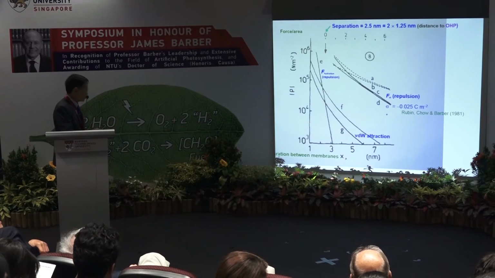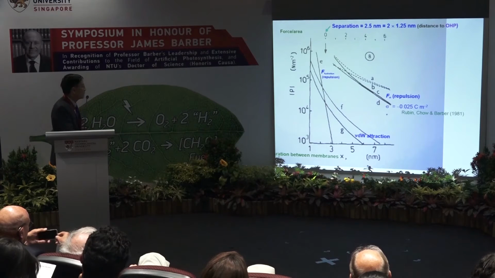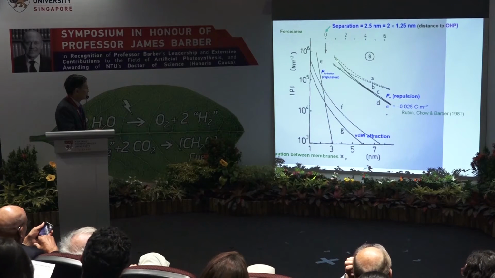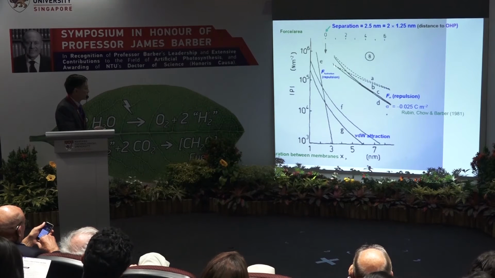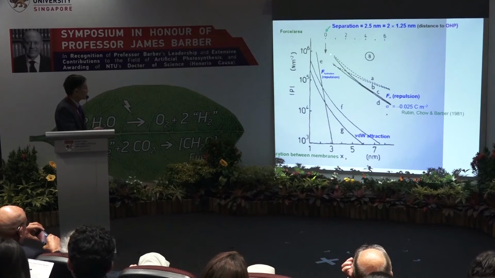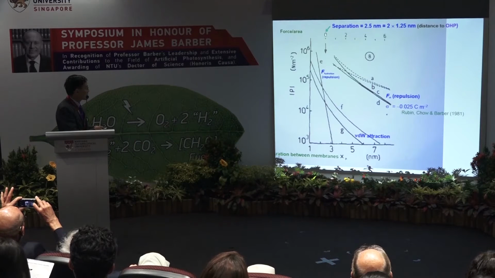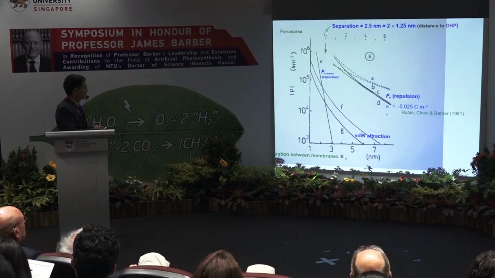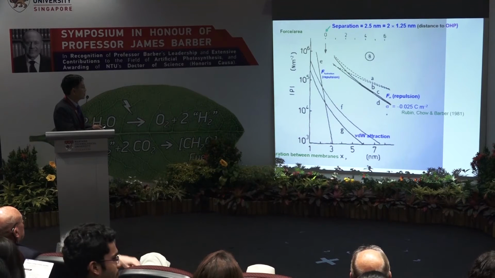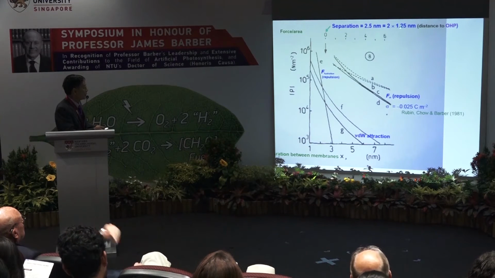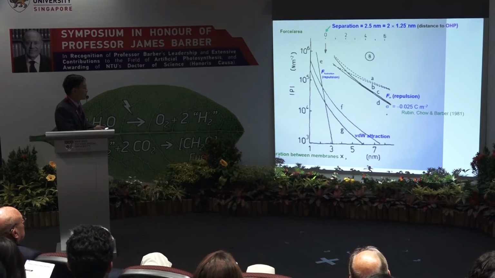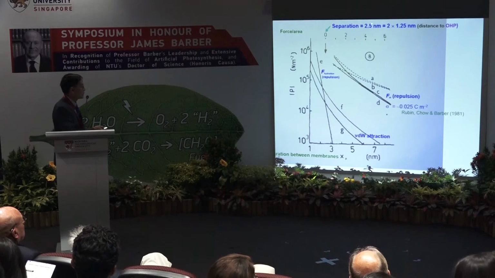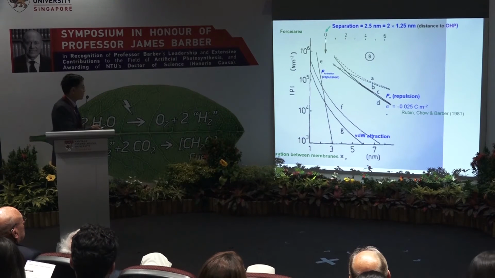Because of this, in the 1981 paper, we actually transposed the electrostatic repulsive forces. The curves are transposed so that the surface potential that was measured starts at this separation between the two opposite membranes. This separation is 2 times the distance from the surface to the outer Helmholtz plane, so that is 2.5 nanometers or so. That's where our surface potential starts.